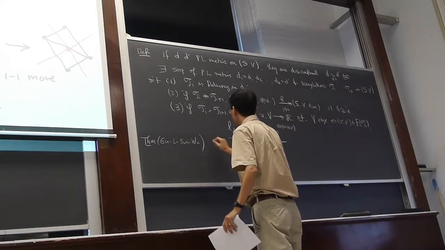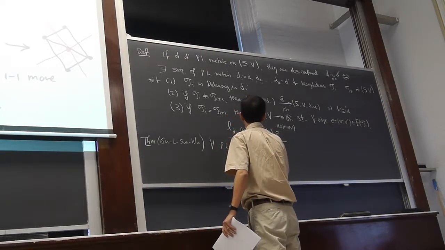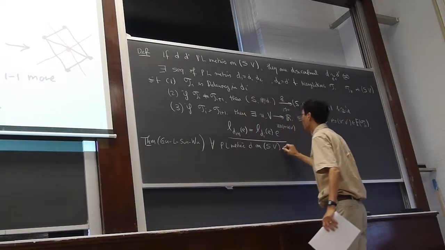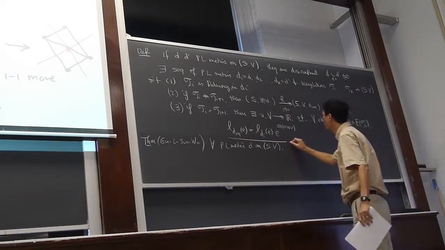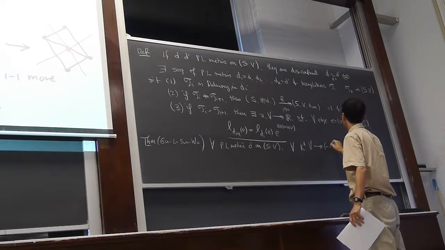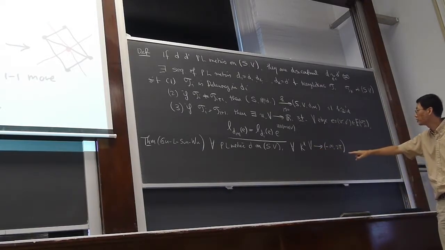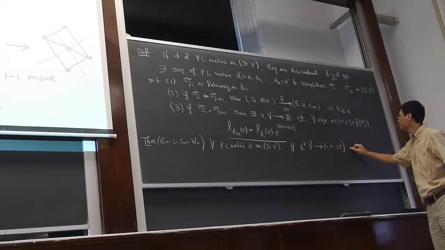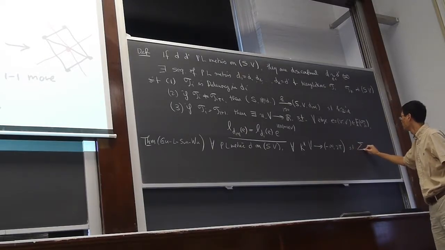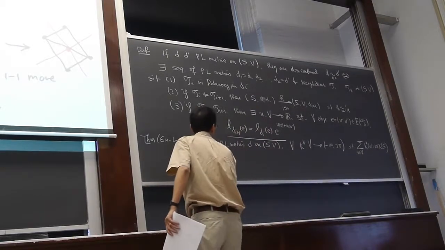Which says that for any PL metric D on any marked surface, and for any prescribed curvature, assign every vertex a number between minus infinity and pi, subject to the Gauss-Bonnet condition.